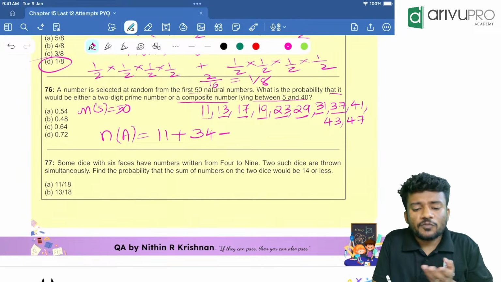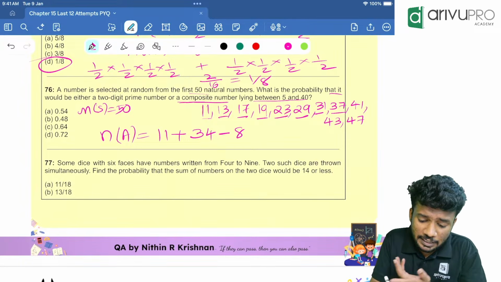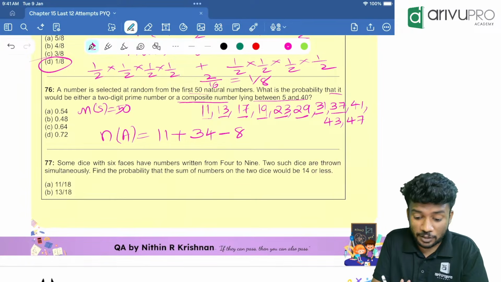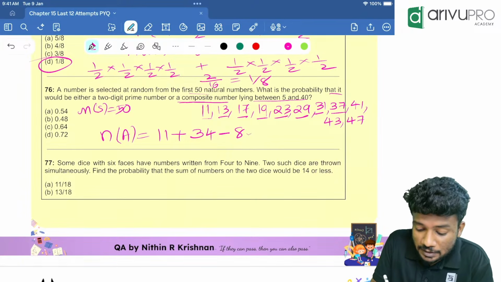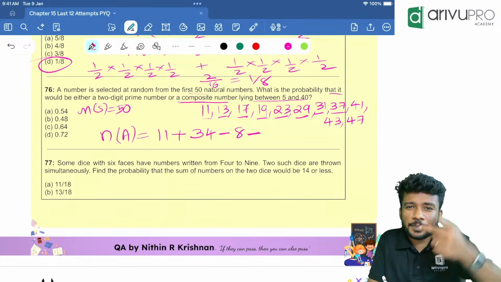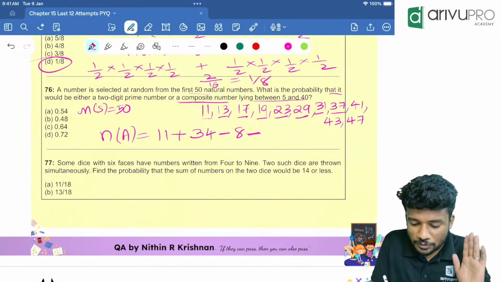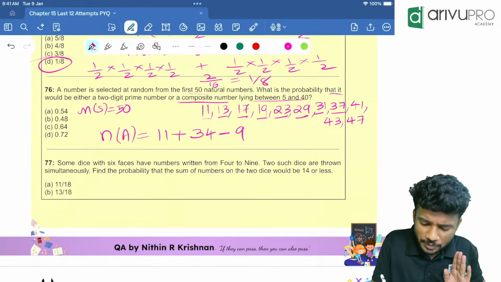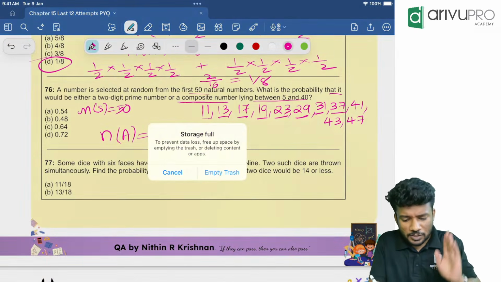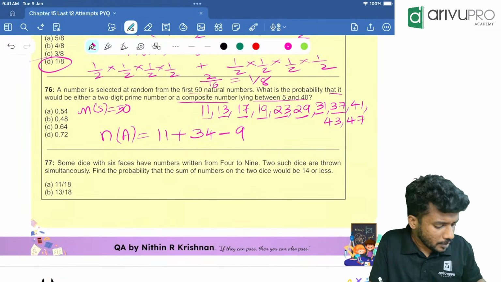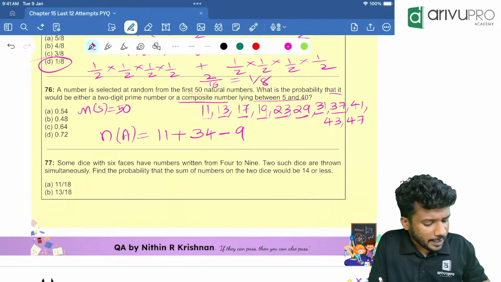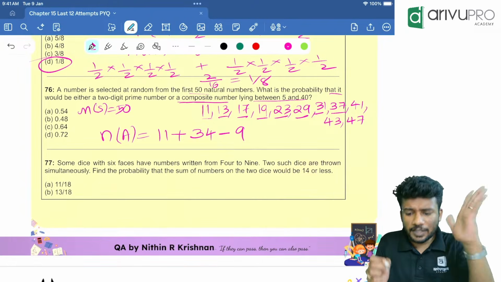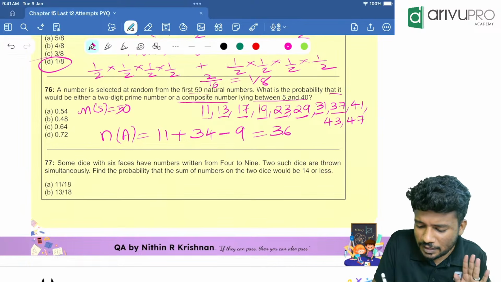Now minus, we need to reduce what was already included, that is 8, minus the other prime number 7. Or you can write it as reducing those 9 prime numbers. So which is equal to 11 plus 34 minus 9. It is just about calculating those numbers. Other than that, nothing is there.